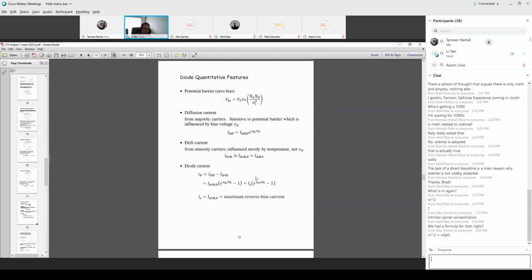When this factor goes to 0, ID equals minus IS. So it is a reverse bias current with a minus sign, and you get a maximum because there is full contribution of I sub S, coming from the movement of minority carriers. So, maximum reverse bias current. Any question?